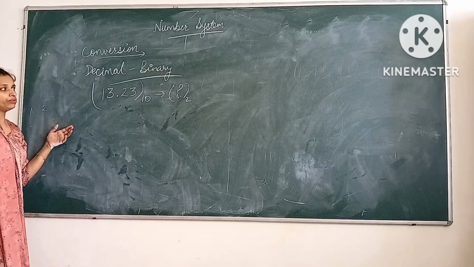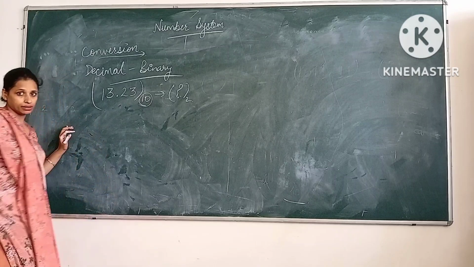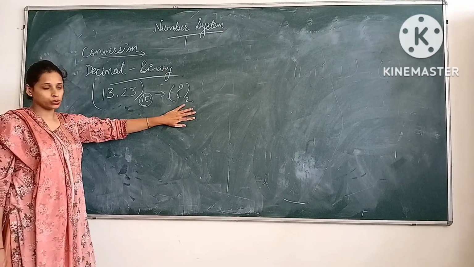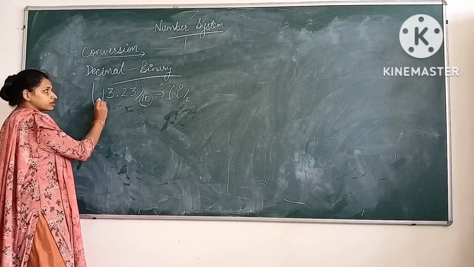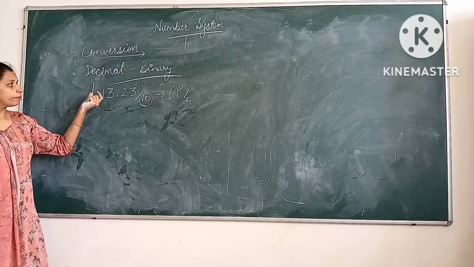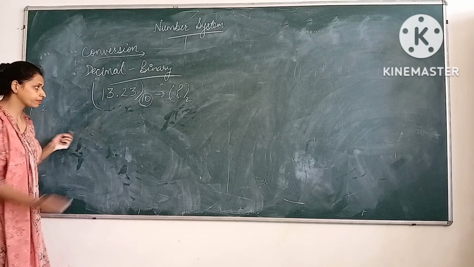I already told you that we don't have to use this base 10; we have to use another base, that is 2. So in case of binary to decimal, we are using multiplication, but in case of decimal to binary, we have to use division.